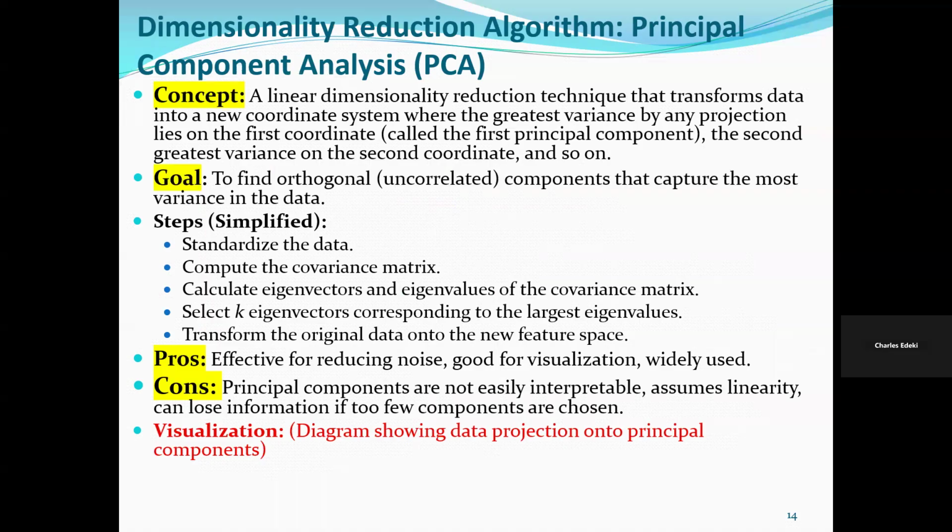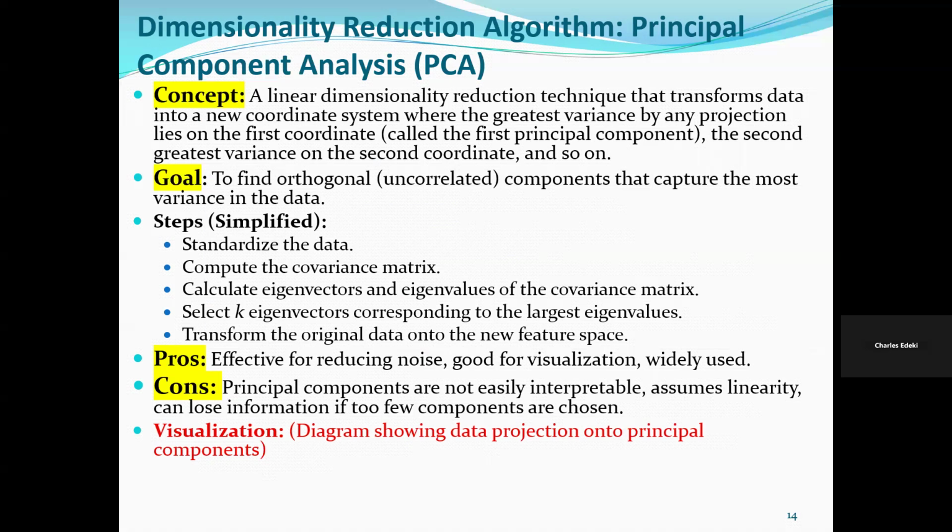I would say that it's a linear dimensionality reduction technique that transforms data into a new coordinate system such that the greatest variance by any projection lies on the first coordinate, what we call the first principal component, then the second greatest variance on the second coordinate, and so on.